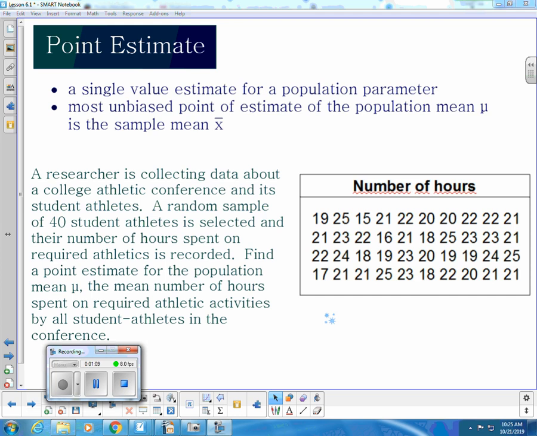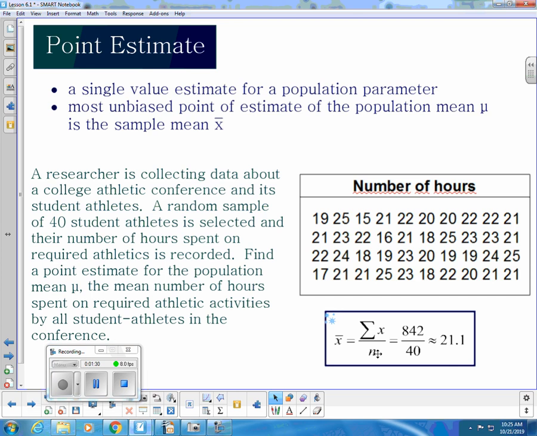So how would I find the mean of that sample? Petey, how would you find the mean? Add them all up and divide by 40, right?